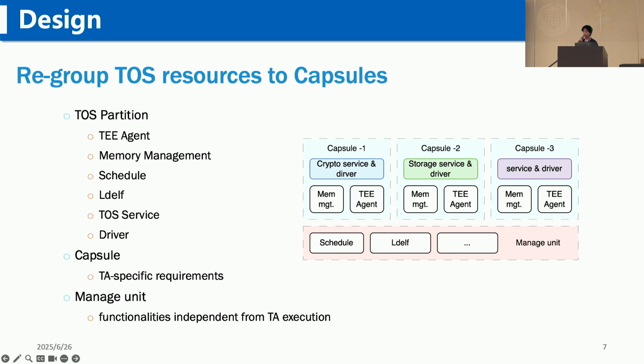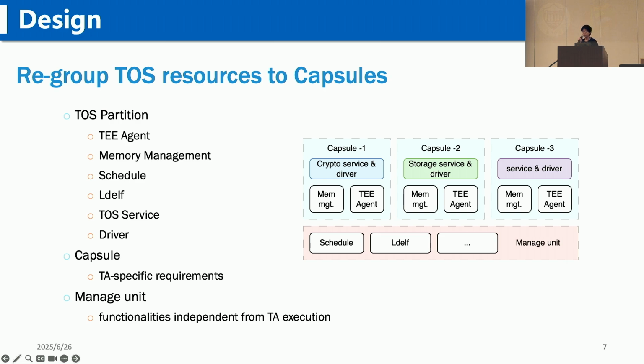First, to regroup TOS resources, we decouple the TOS into components like the TE agent and memory management. These components are then organized into either capsules or the managed unit.